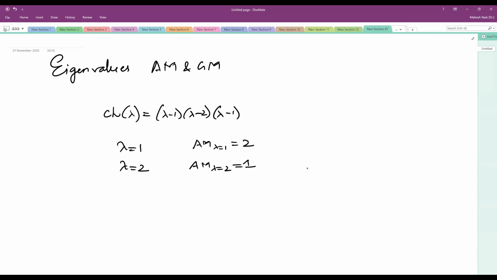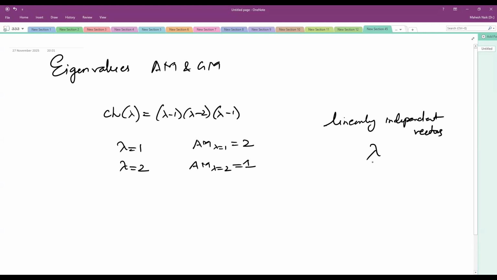The number k of linearly independent eigenvectors associated with an eigenvalue will be termed the geometric multiplicity. So it is the number of linearly independent vectors associated with the given eigenvalue.